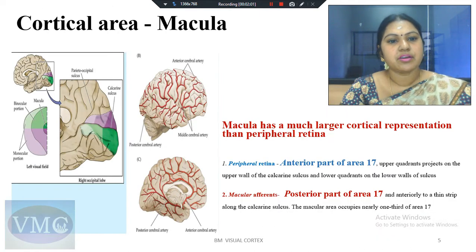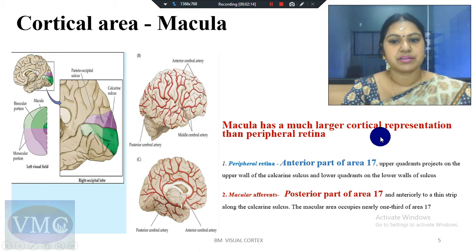So here in the cortical area, the macula, which is the most important part of vision, of visual acuity, has a wide representation. So the macula has a much larger cortical representation than the peripheral retina. Peripheral retina fibers are projected to the anterior part of area 17.